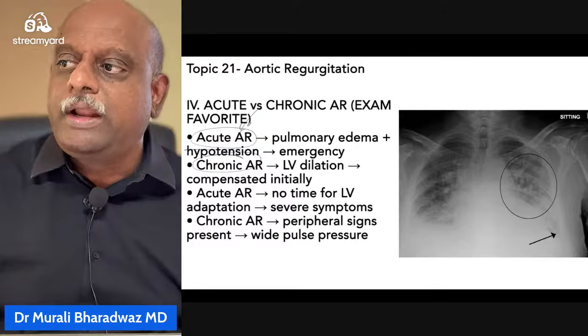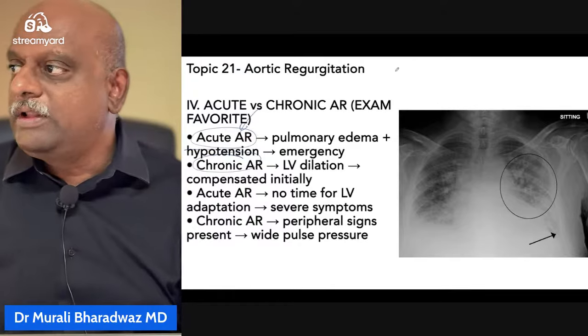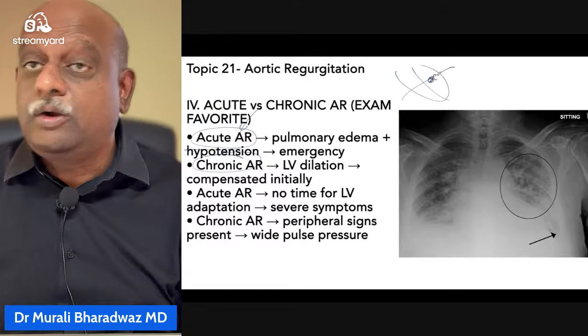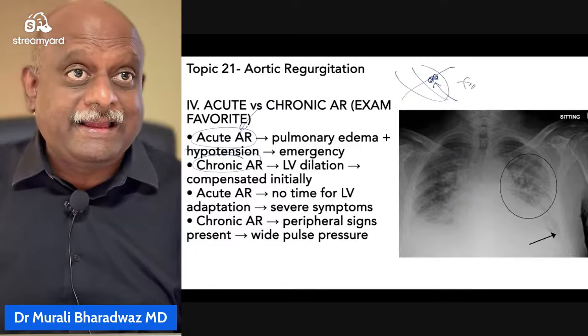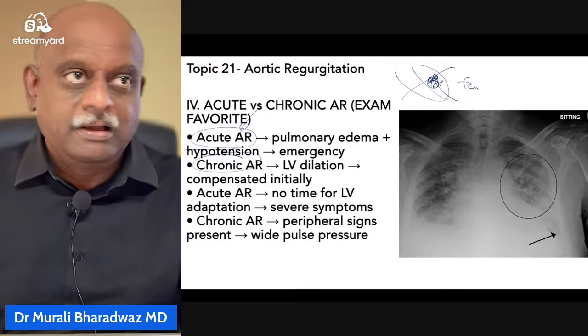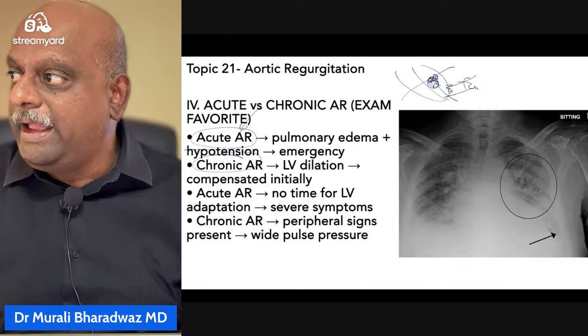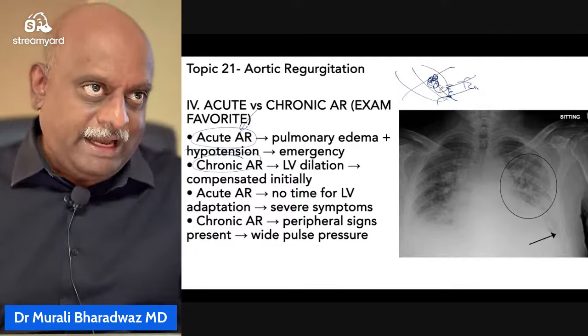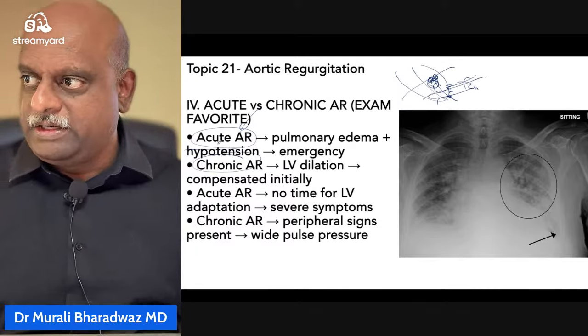When do you get acute AR? When someone is having an infective endocarditis with especially fungi. Fungal vegetations will be big, and they lead to sagging of the valve, leading to acute regurgitation.